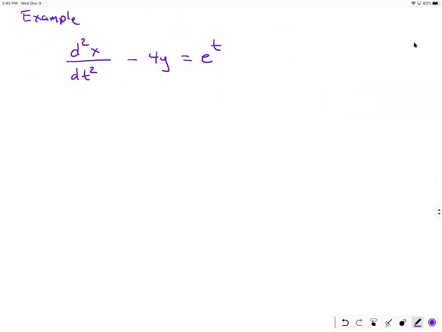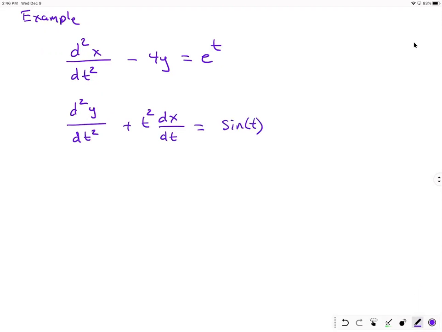So now we have x and y instead of x1 and x2. And then we also have the second derivative of y with respect to t plus t squared times dx/dt, and that was equal to sine of t.